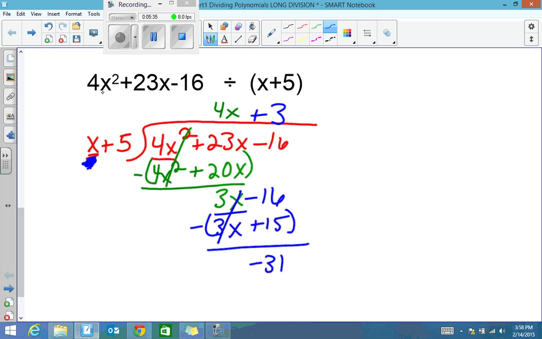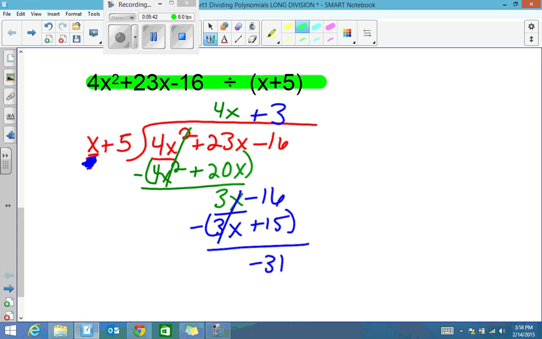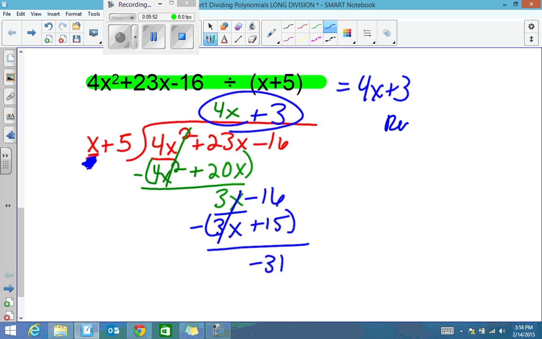So the answer to 4x squared plus 23x minus 16 divided by x plus 5 is 4x plus 3 with a remainder of negative 31. Okay, so since this has a remainder, then we know that x plus 5 is not a factor of what we started with, just as we would in long division of numbers.